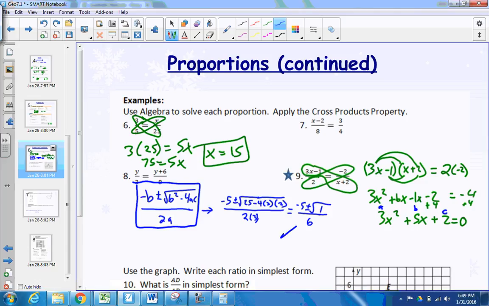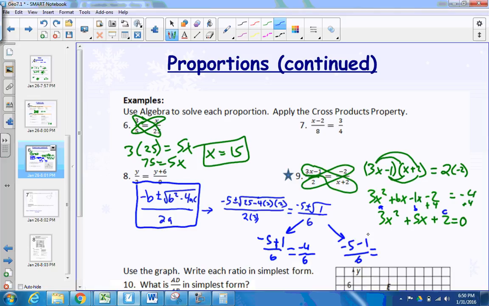So that goes two different ways because we have the plus or minus. We'd have negative 5 plus 1, square root of 1 is 1, over 6, and negative 5 minus 1 over 6. So our two possible answers for x would be: negative 5 plus 1 would be negative 4 over 6, which is negative 4/6 or negative 2/3.